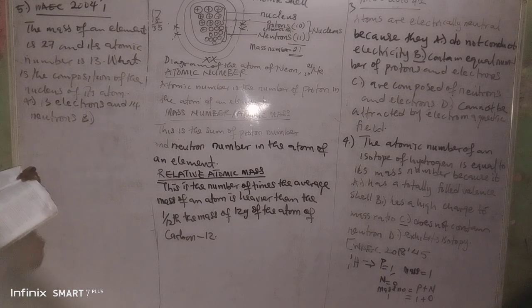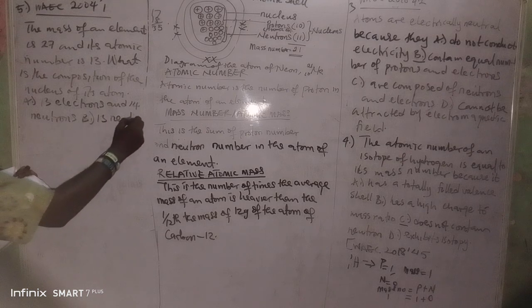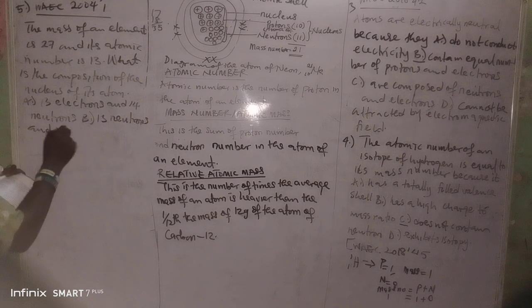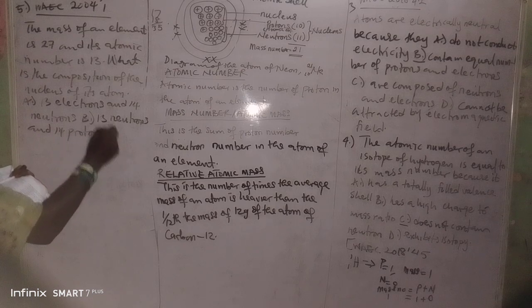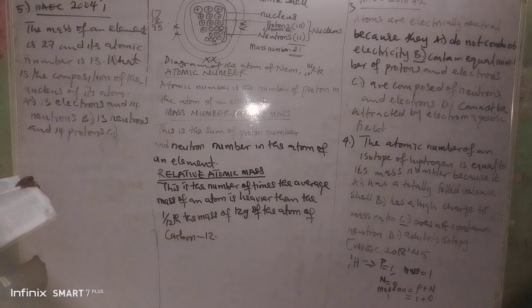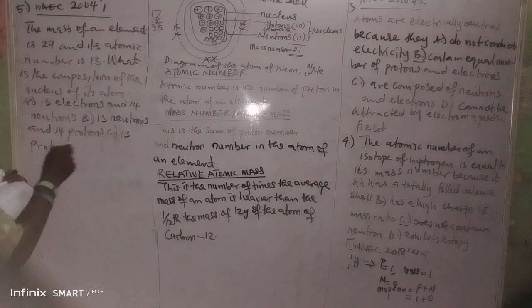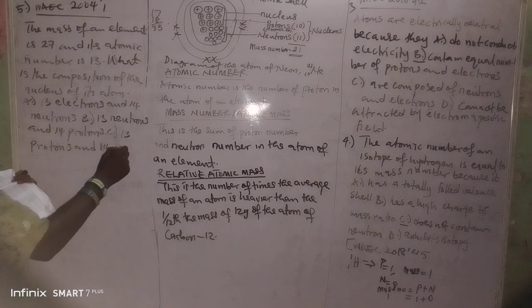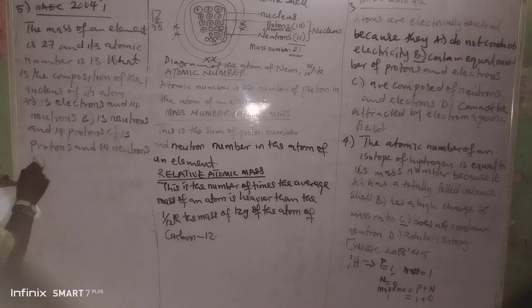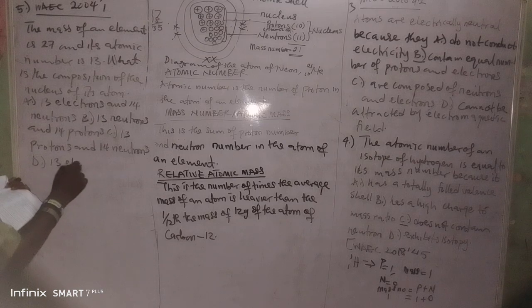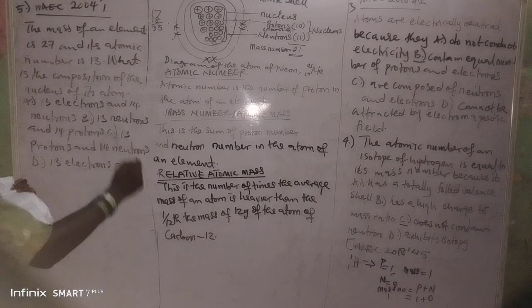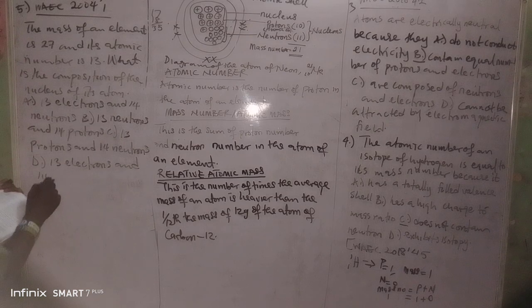Option B: 13 neutrons and 14 protons. Option C: 13 protons and 14 neutrons. Option D: 13 electrons and 14 neutrons.